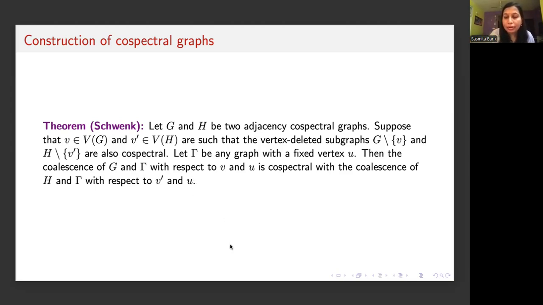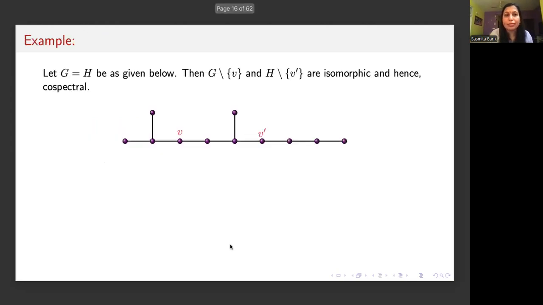Here I'll give one example so that you can understand. I'm taking the first graph G the same as H, so both are co-spectral because they are the same graph. Now I identify one vertex in G, that is v, and another in H, that is v'.